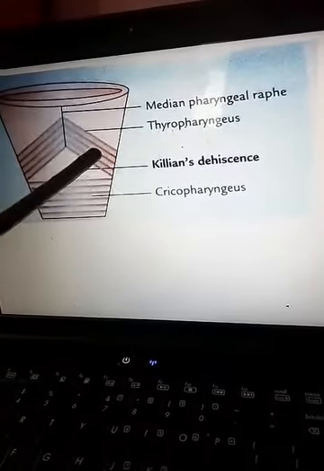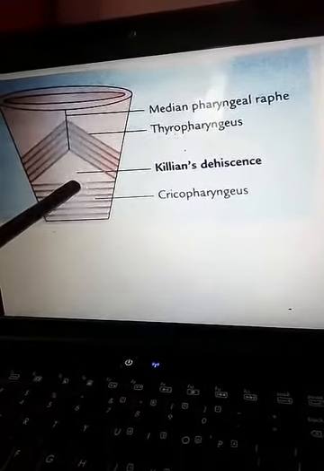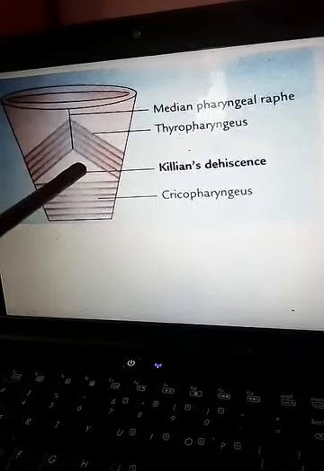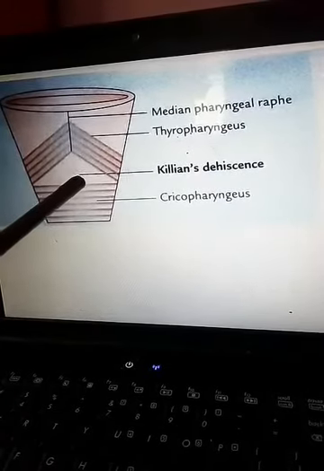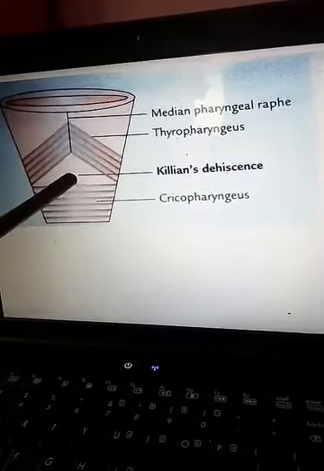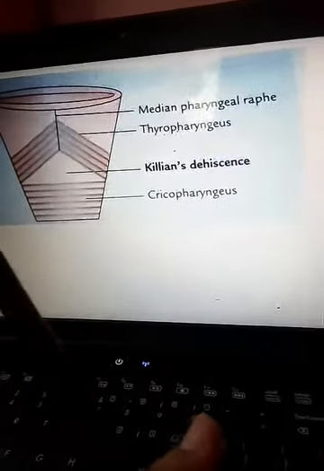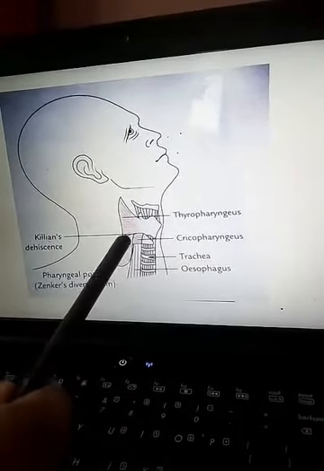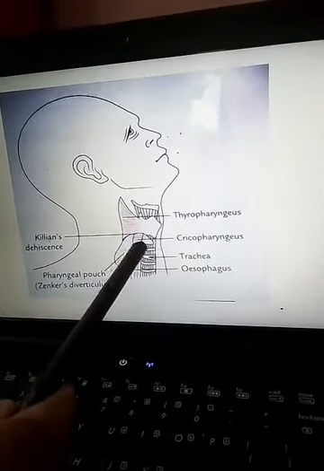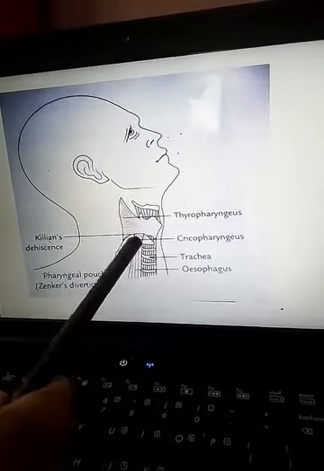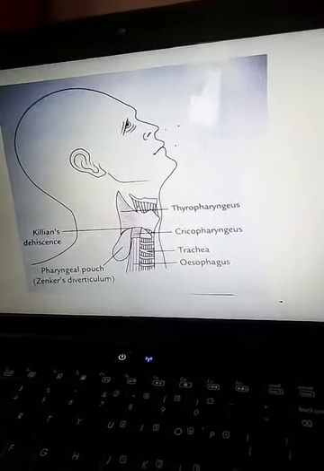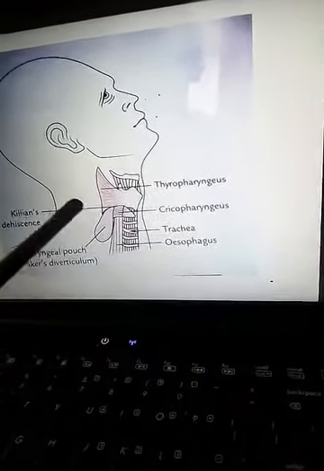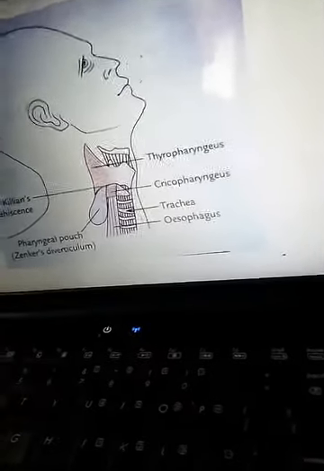So there is a potential gap between these two parts. Sometimes the mucosa of the pharynx may bulge through this weak area to form a pharyngeal pouch. So the pharyngeal pouch consists of the mucosa and submucosa that bulges through the thyropharyngeus and cricopharyngeus parts of the inferior constrictor muscle. So this is known as Zenker's diverticulum or pharyngeal pouch.